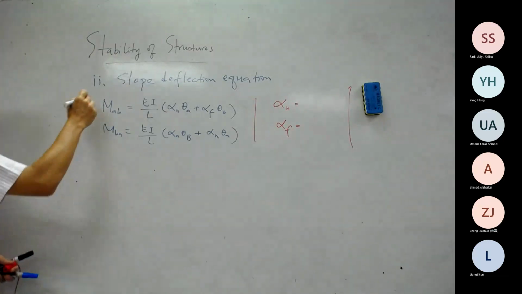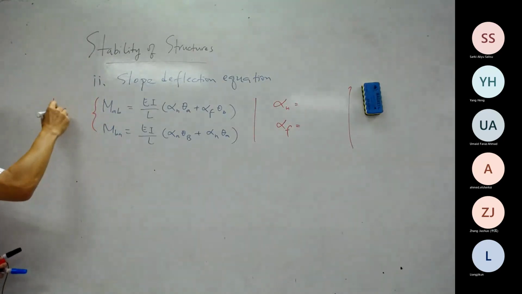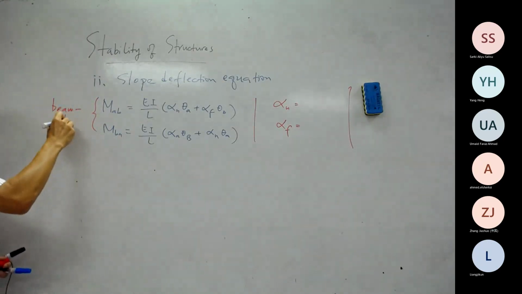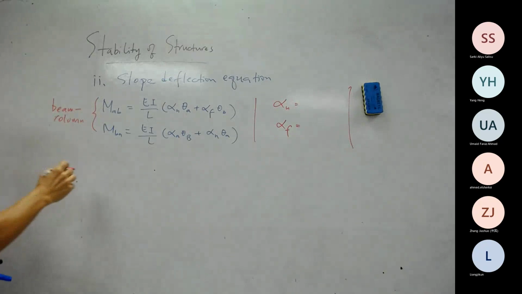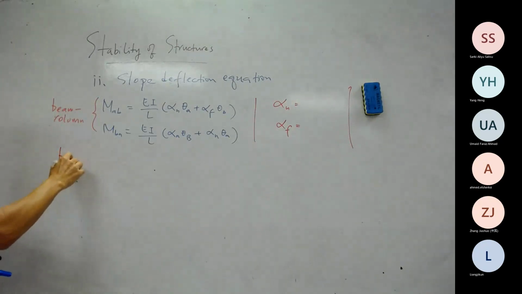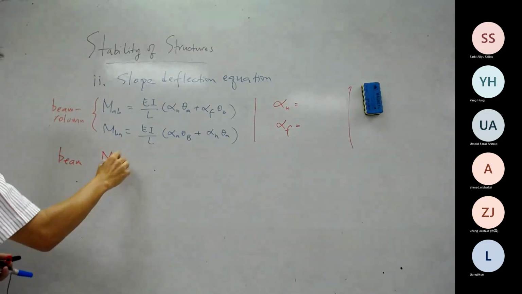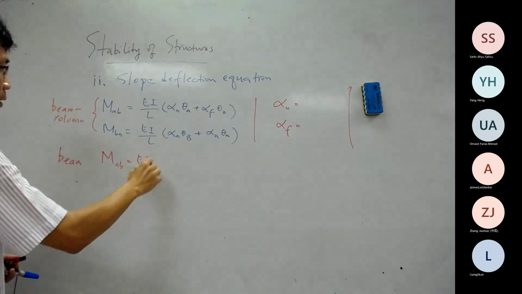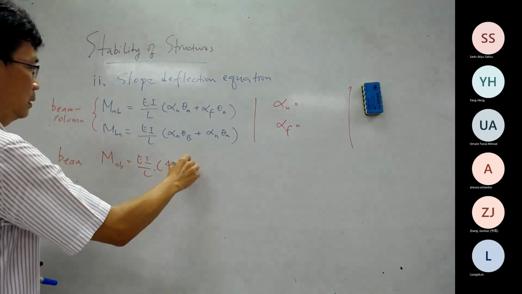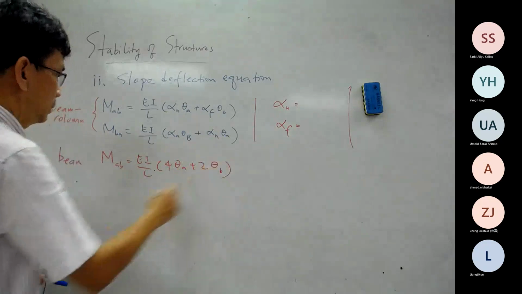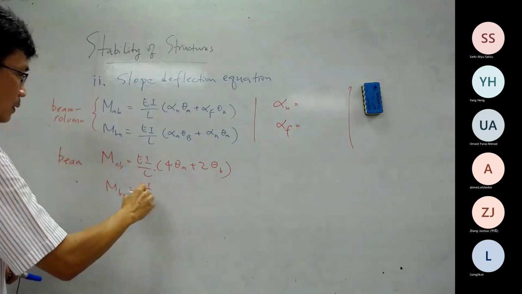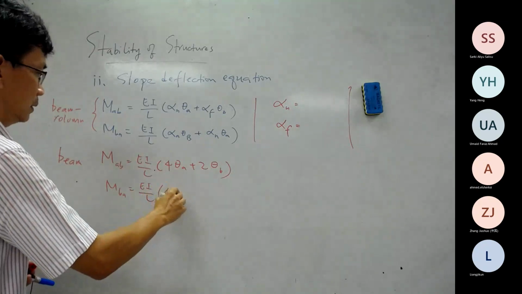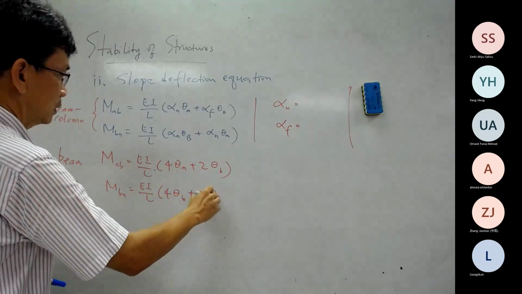This is for the beam column, that is, if you have axial force. If you don't have axial force, if it's a beam member, then we have EI over L times 4 theta_A plus 2 theta_B, and 4 theta_B plus 2 theta_A.